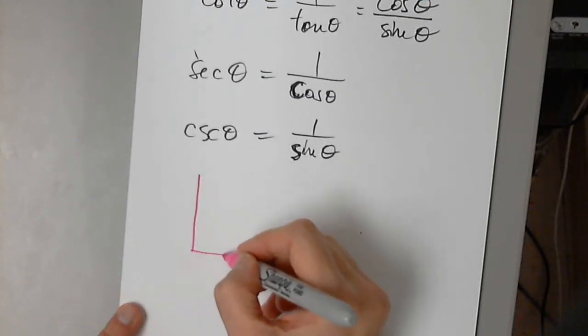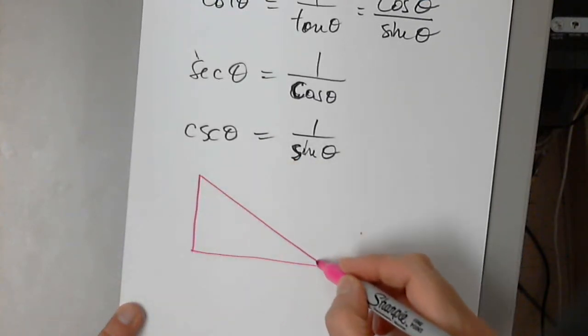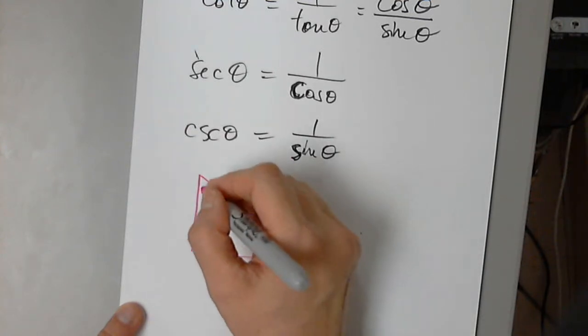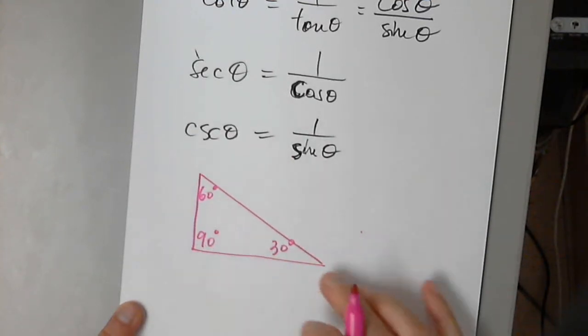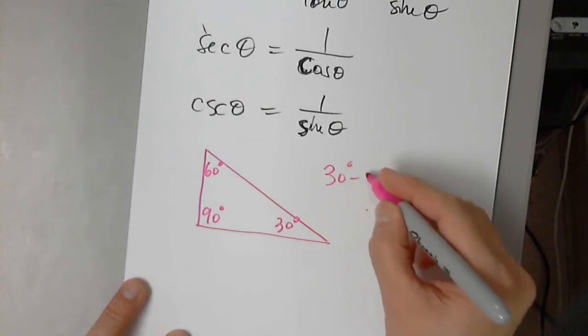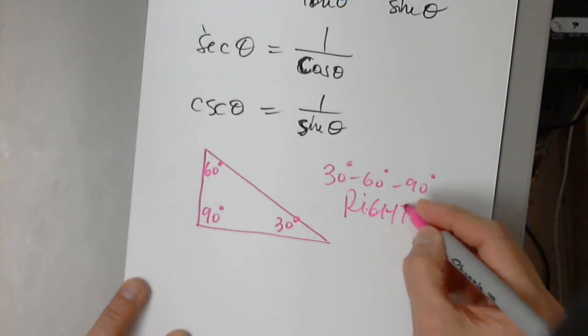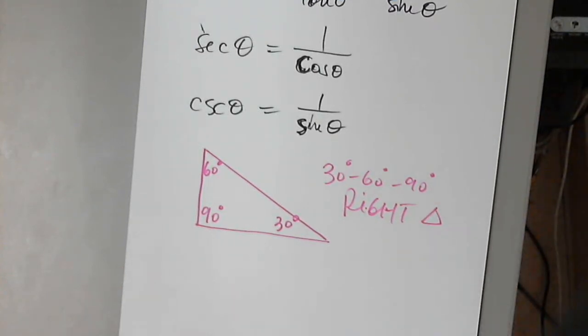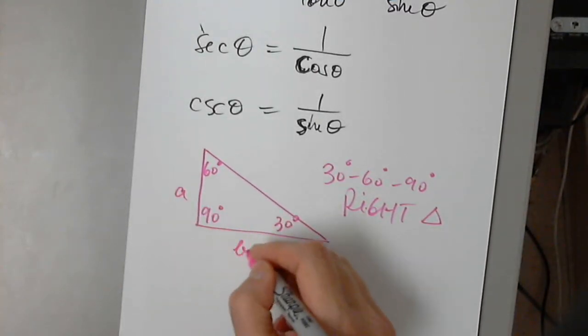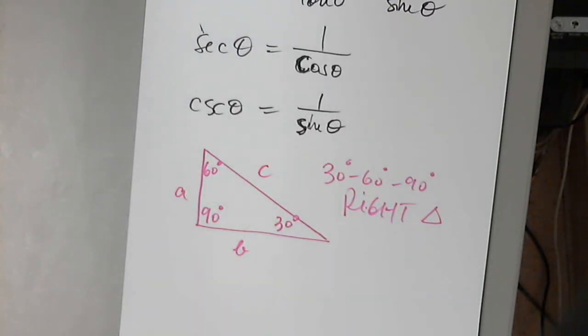Let's suppose now we have what we call a 30, 60, 90 degree right triangle, where we have A and B and C. We're trying to determine the trig functions for these important angles, and then we're going to look at an isosceles right triangle, of course, for the angle 45.